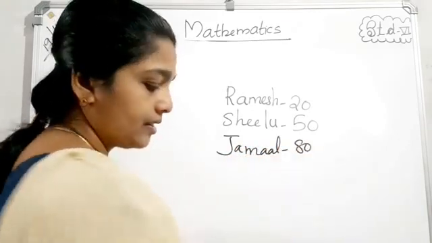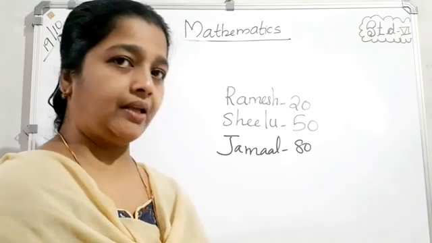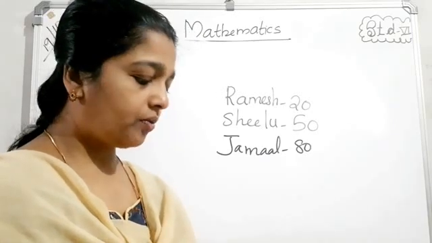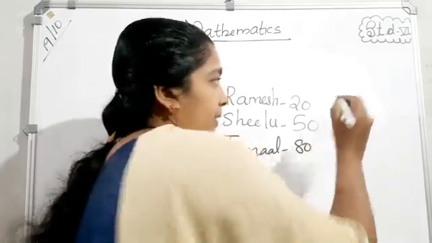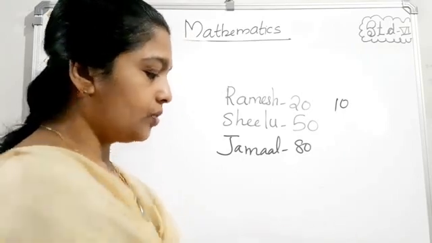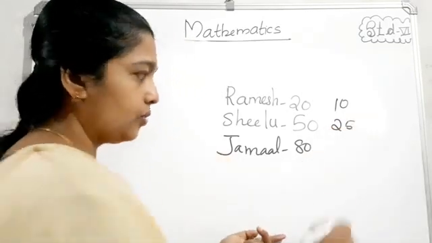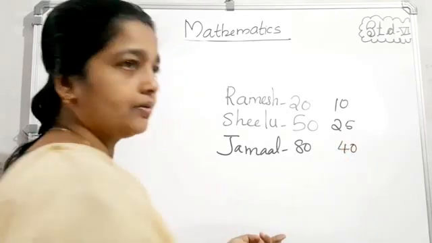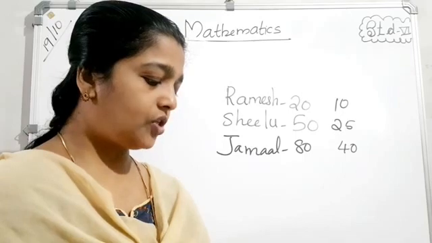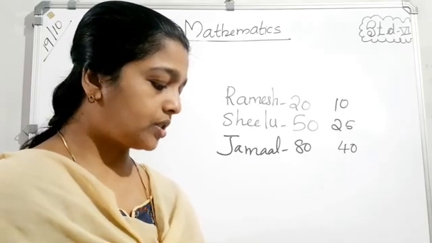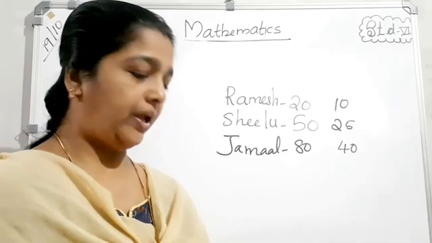Next, after 4 months, Ramesh used up 10 pencils. Then Sheelu used 25 pencils, and Jamal used 40 pencils. Then, what fraction did each use up? Check if each has used up an equal fraction of her or his pencils.